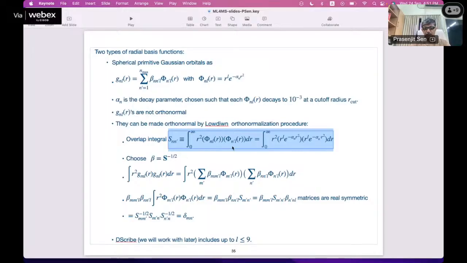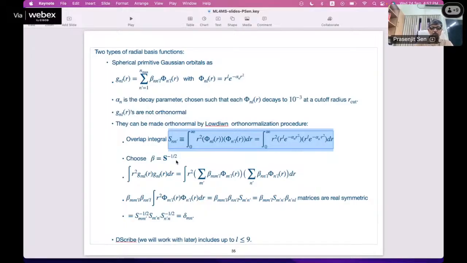Basically, it's the integral over the entire range of r of a product of two functions, phi n and phi n primed. So that is my S n n primed. It is a matrix, a real symmetric matrix. So I define a matrix beta. Beta n n primed also can be seen as a matrix.